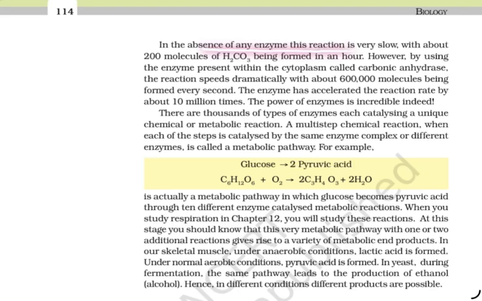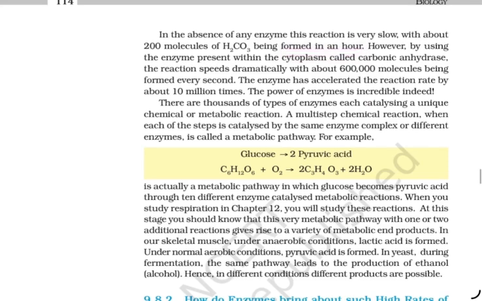In the absence of any enzyme, the reaction is very slow, with about 200 molecules of H2CO3 being formed in an hour. However, with the enzyme present within the cytoplasm called carbonic anhydrase, the reaction speeds up dramatically, with 600,000 molecules being formed every second. Enzymes have accelerated the reaction rate by about 10 million times. The power of an enzyme is indeed incredible.